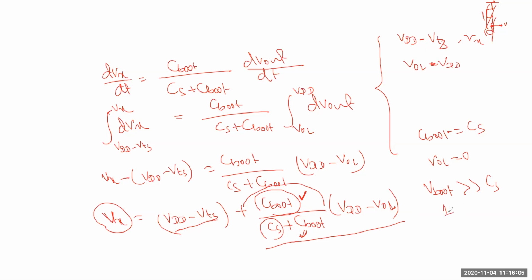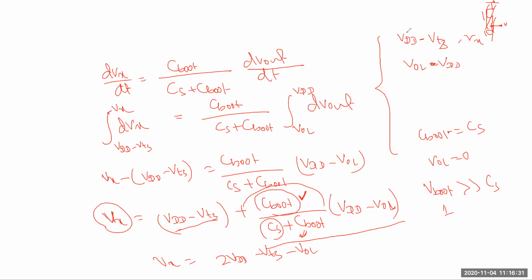Yes or no? If C boot is much higher than CS, this is 1, so you get Vx equal to 2 VDD minus VT3 minus VOL.